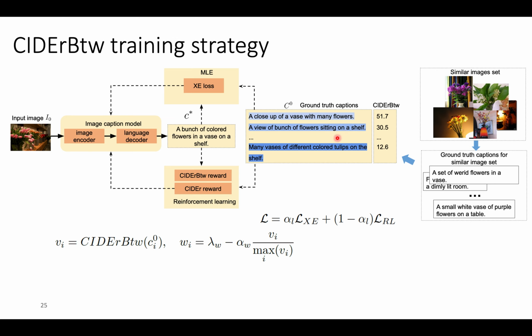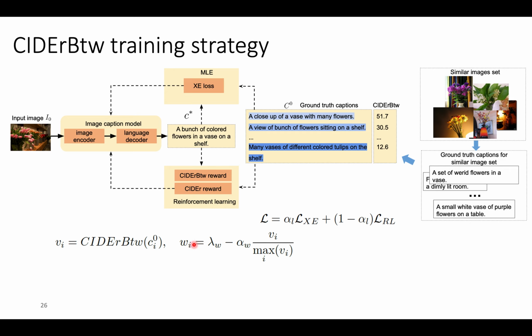Given a ground truth caption C0, we can calculate the CIDEr between value of this caption. Then we reverse the value into a weight parameter, W. Then the caption with a lower CIDEr between value should gain higher attention during training.